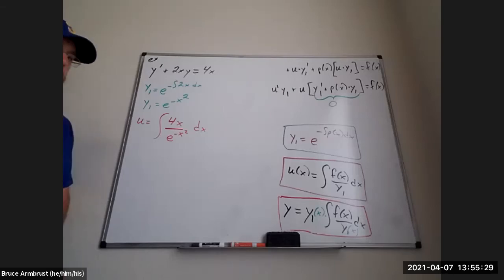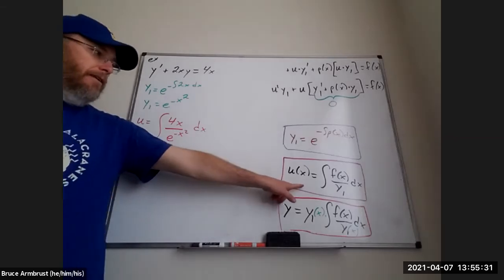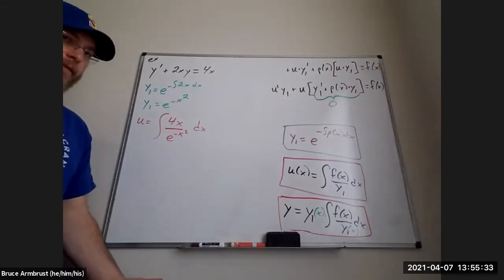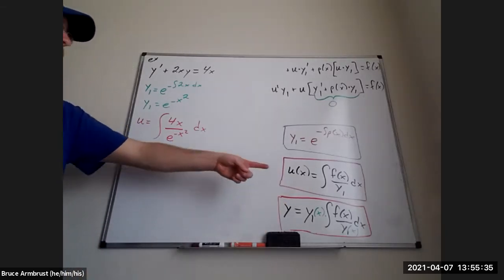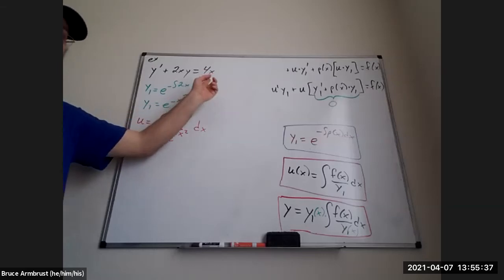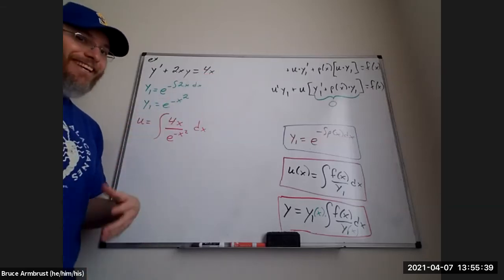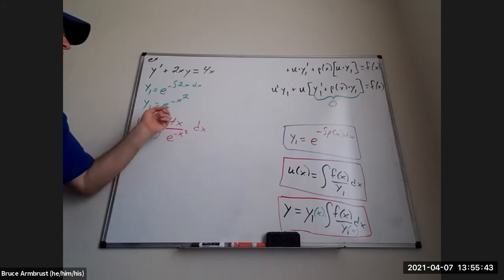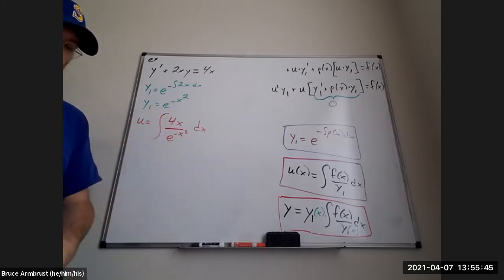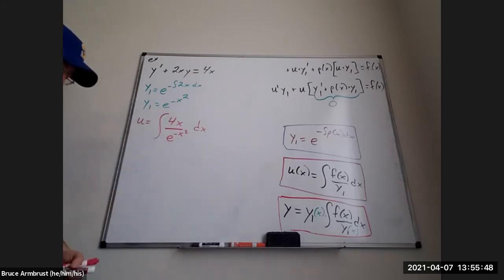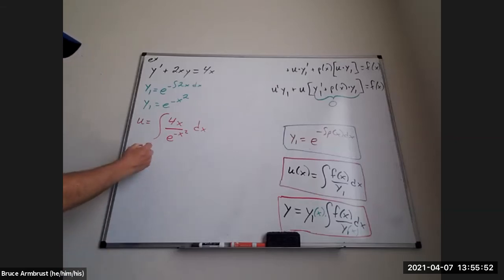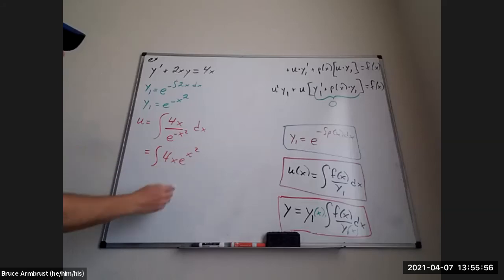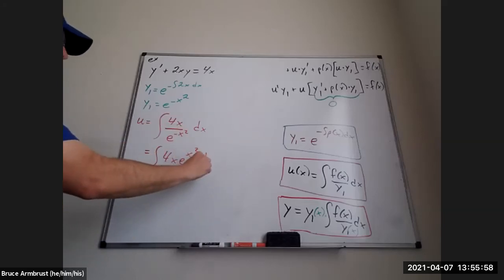I literally am just using what's in the second box over here, and I'm putting in the respective pieces. F, that's what we're equal to, the part that's making it non-homogeneous. So that was the 4x, and then I'm dividing by the solution to the homogeneous. All right, so this is the integral of 4x e to the x squared. We'll just bring that up as a positive.